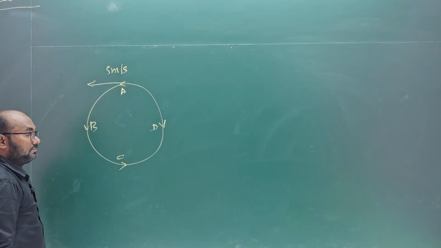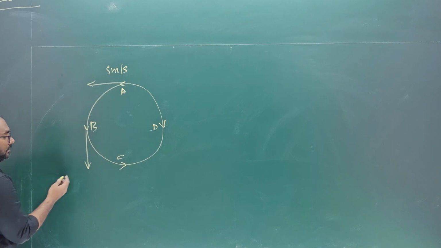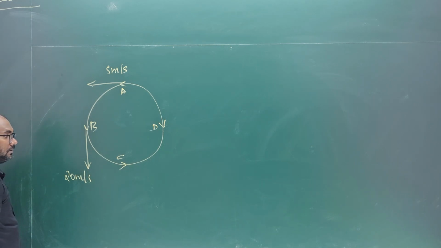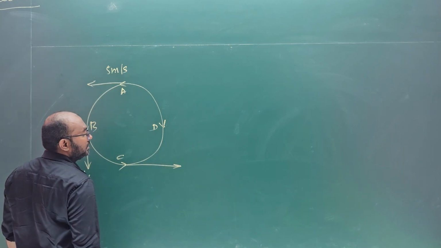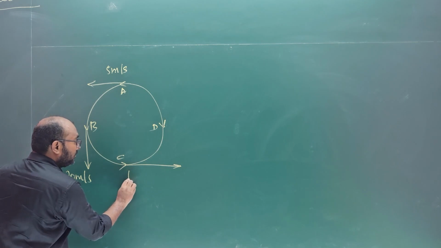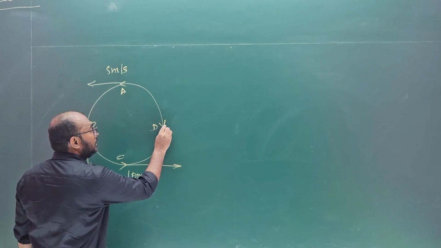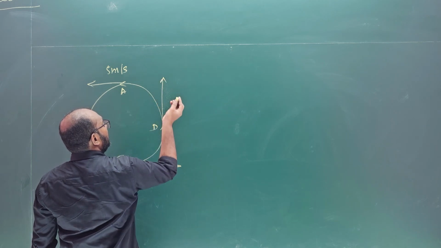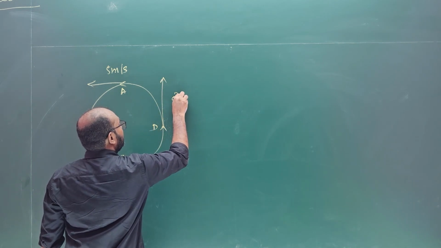Is it possible? Yes. At B, can I say it is moving with 20 meter per second? Yes. Or at C, the body is moving with a different velocity, maybe 10 meter per second. Or at D, this one is moving in this direction and this can be 20 meter per second.